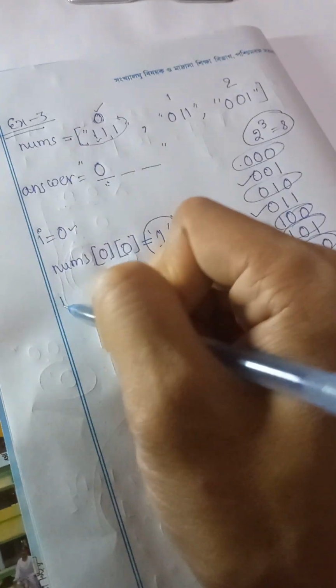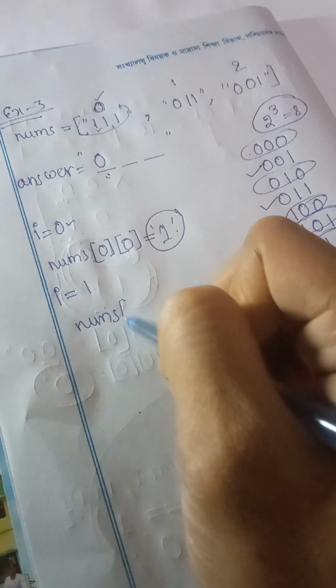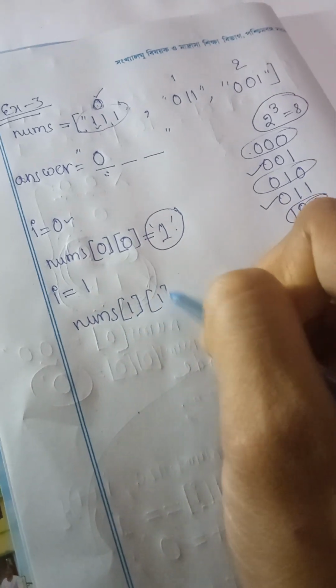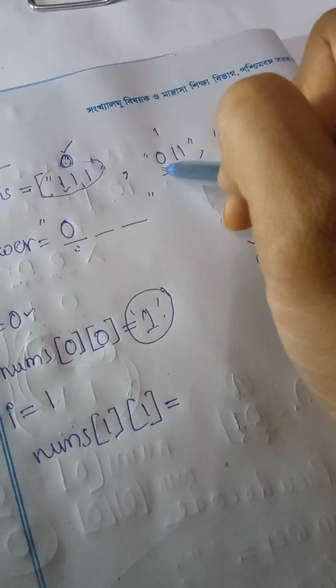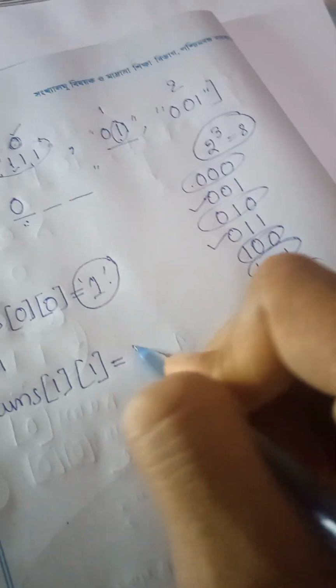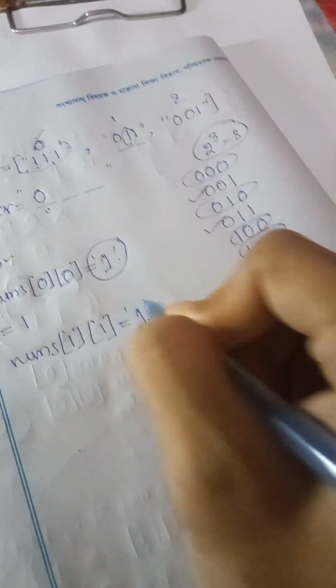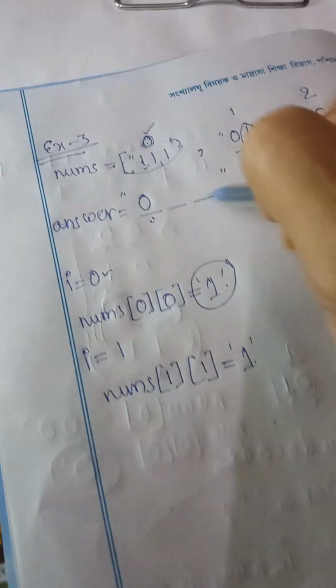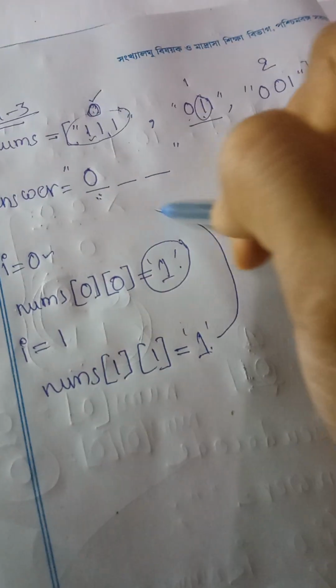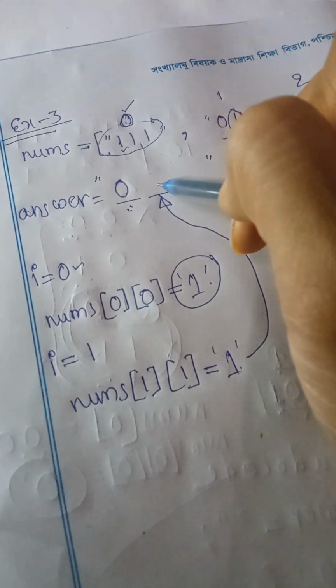Next, I is increased and I is equal to 1. Next, I will check nums of 1 comma 1. Nums of 1 means this string, and again 1 means this character, 0 1 1, this one, which is equal to 1. If it is equal to 1, then I will store 0 in the answer.